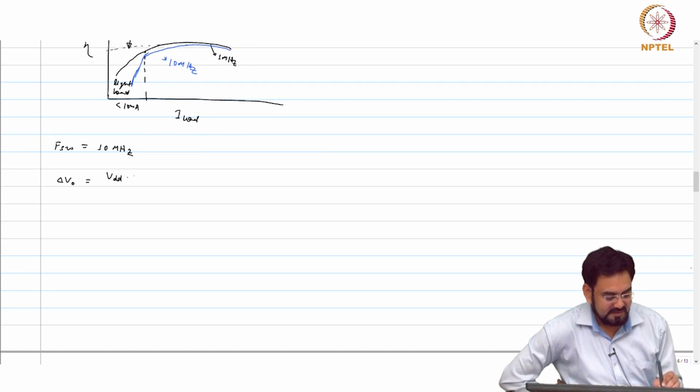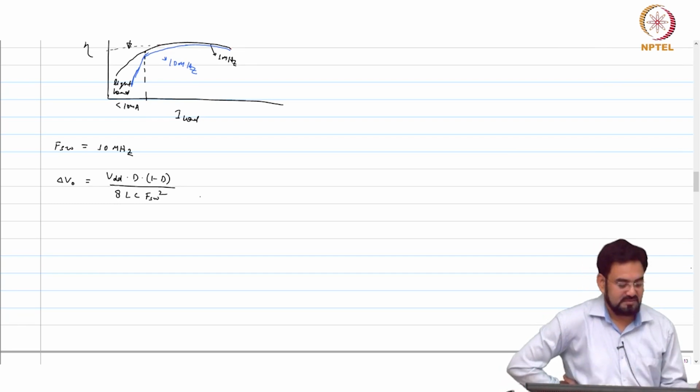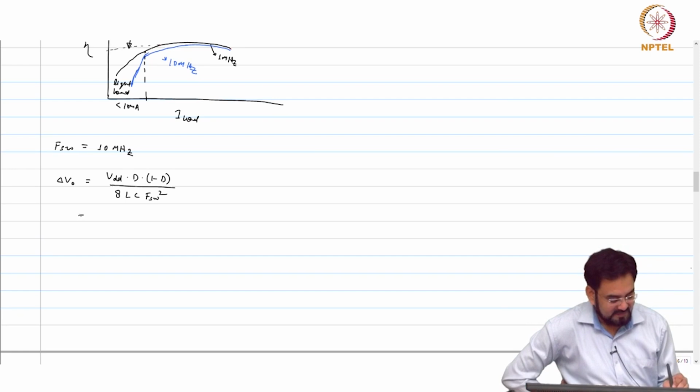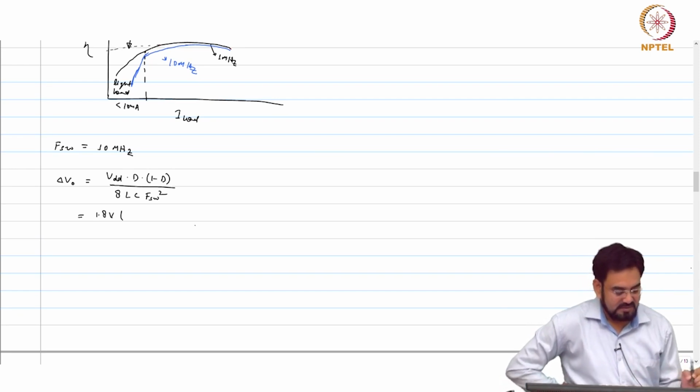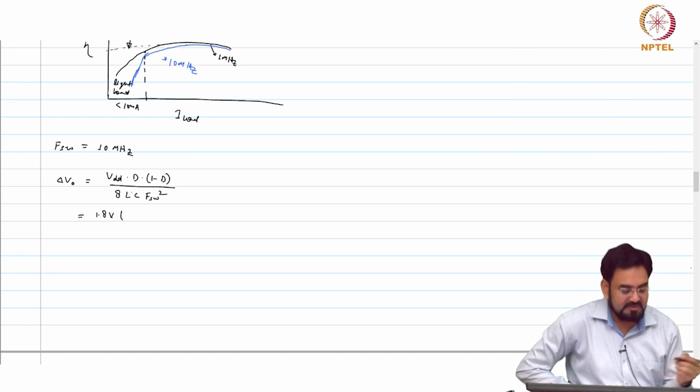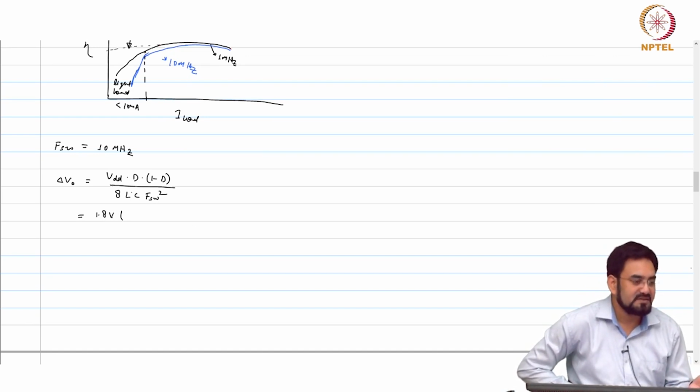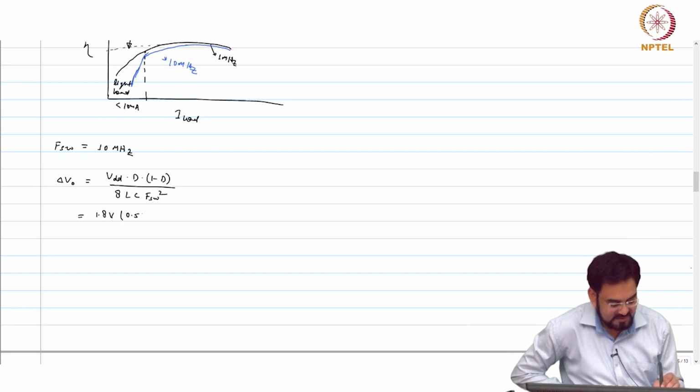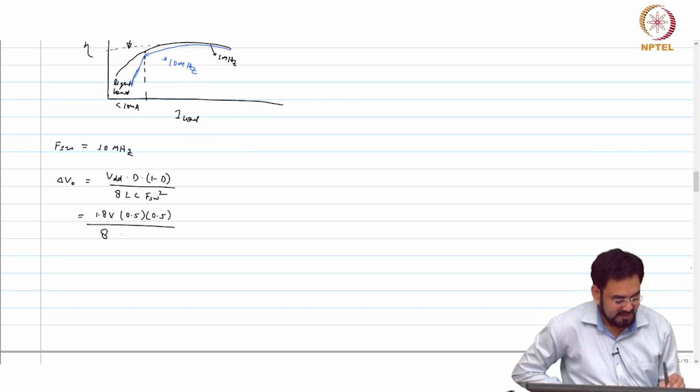It is VDD into D into 1 minus D over 8 LC FSW square. VDD we know is 1.8 volt, and we know this will be maximum at 50% duty cycle. So we will take the worst case, 0.5 into 0.5 over 8 LC.